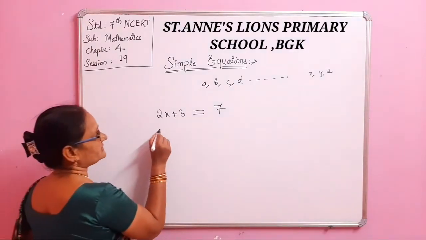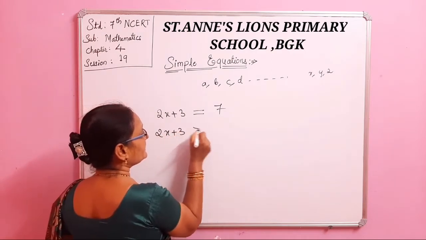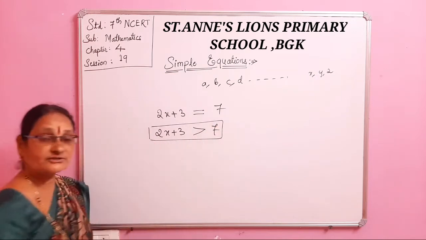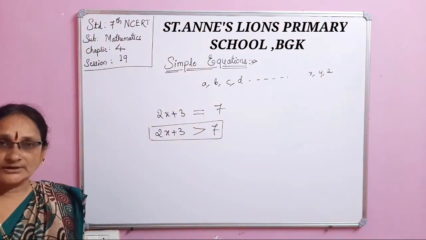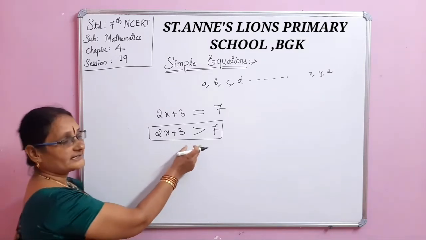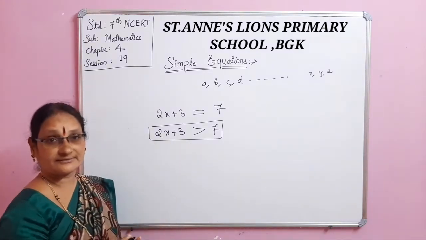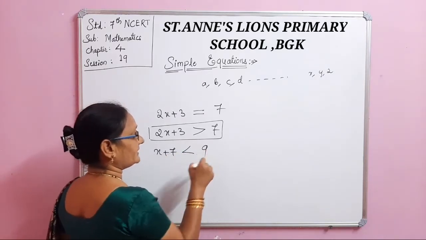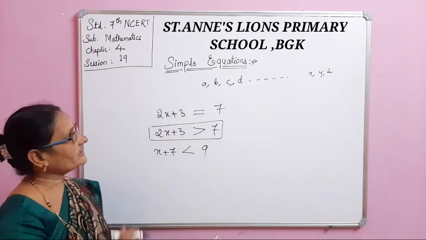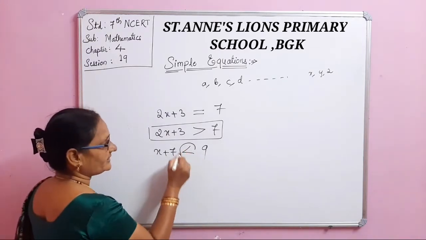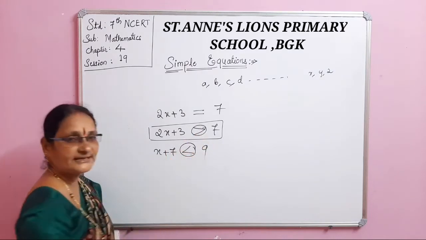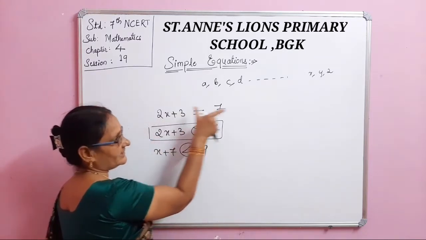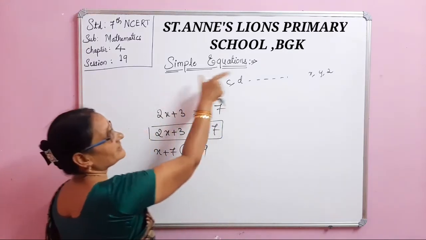Now suppose I say 2x plus 3 is greater than 7. I cannot say this is an equation. Why? There is no equality, a greater sign is there. This is not at all an equation. The same way, x plus 7 is smaller than 9 is also not an equation. Why? There is no equality, a smaller sign is there. When there is equality among the LHS and the RHS, we say it is an equation.